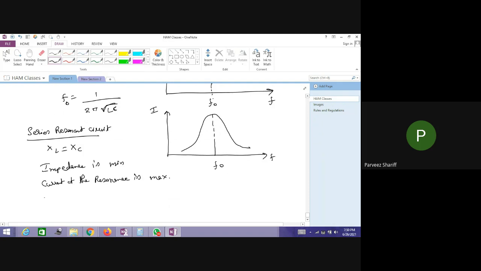This type of circuit, we call an acceptor circuit.